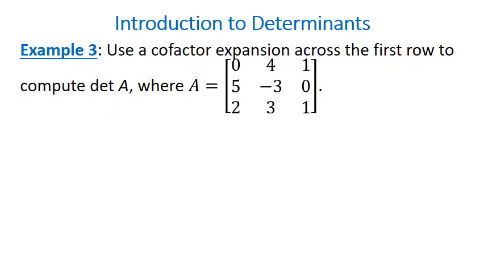Let's start with this example here. It says use a cofactor expansion across the first row. This is important information to compute the determinant of A, where matrix A is given to us. Okay, so if I want to use a cofactor expansion across the first row, that means i is 1. So remember the IJ cofactor is represented in this way.